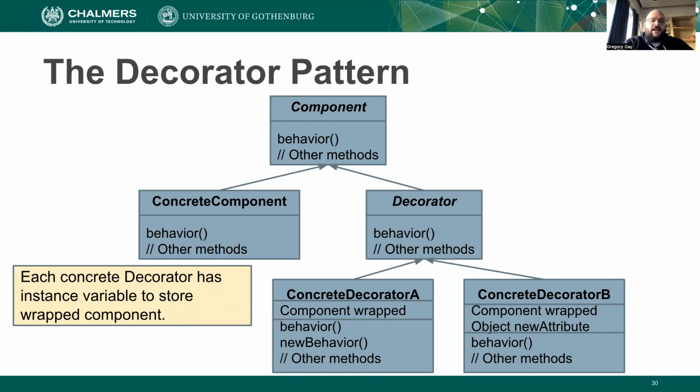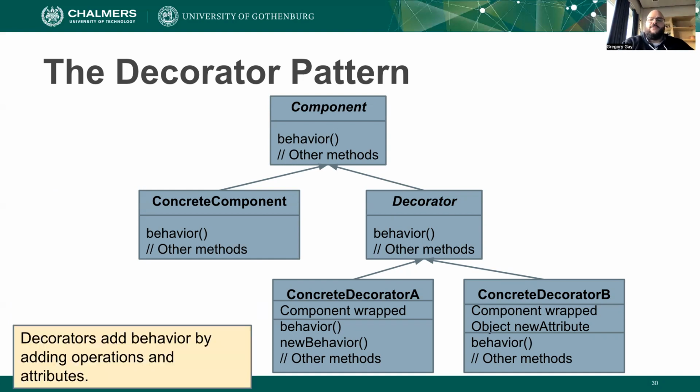We can infinitely keep wrapping new decorators around an already decorated object, as long as we maintain a pointer to the next layer down until we reach the center. And decorators can also add new behavior by adding additional attributes and operations. That said, new behavior is typically added by doing computation before or after calling an existing method in the component, like we did with that cost in the previous slide.